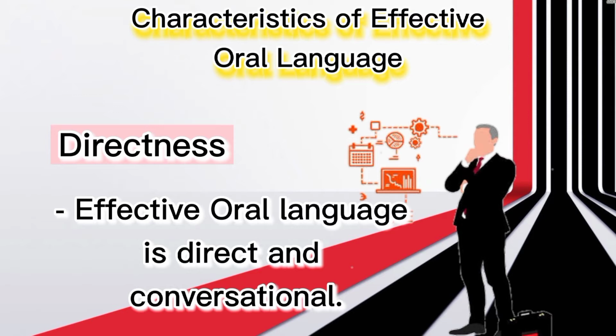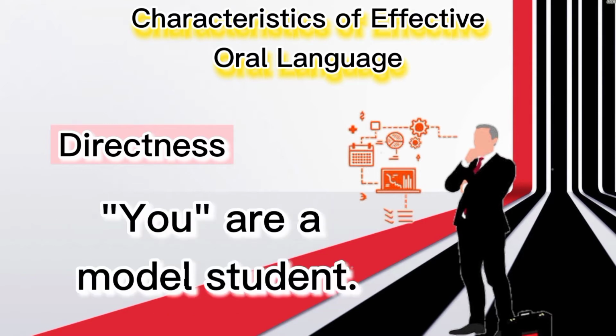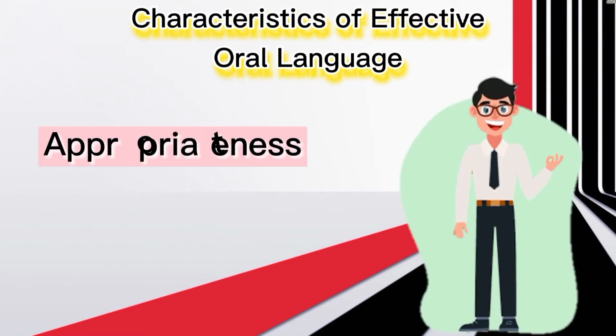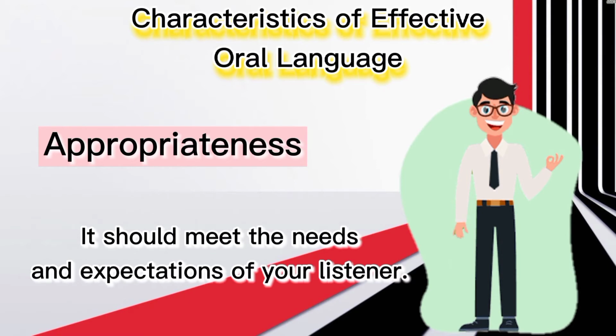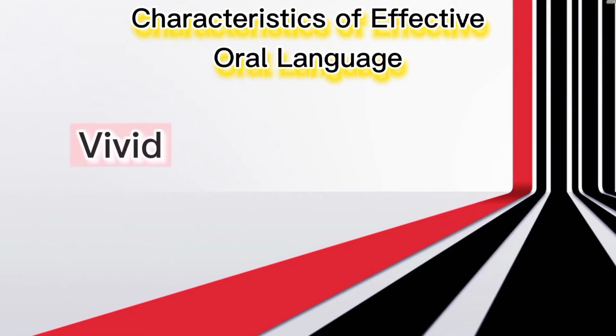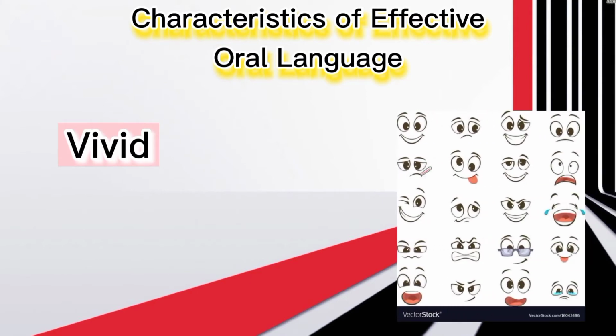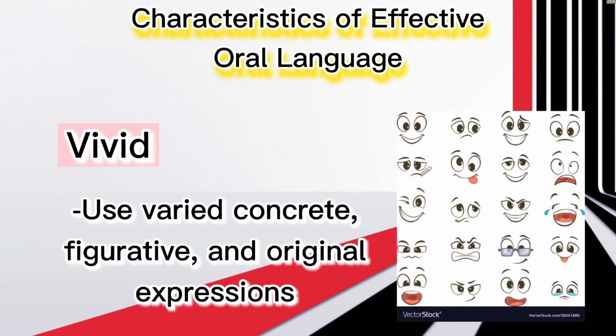Make large use of personal pronouns, as in "you are a model student" instead of just referring to model students. Number 3, appropriateness. Language must be suitable to the purpose of the speaker. It should meet the needs and expectations of your listener. Number 4, vivid. To hold the attention and maintain interest of your listeners, use varied concrete, figurative, and original expressions.